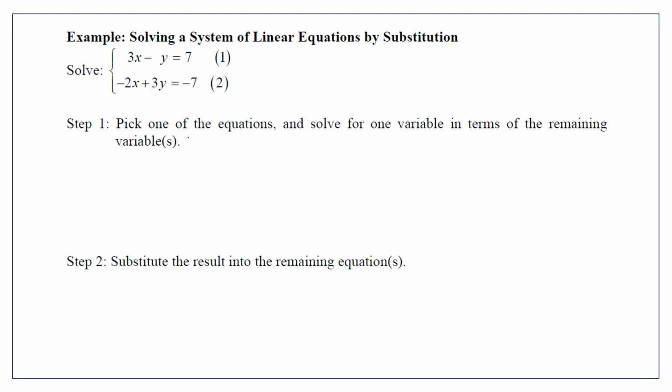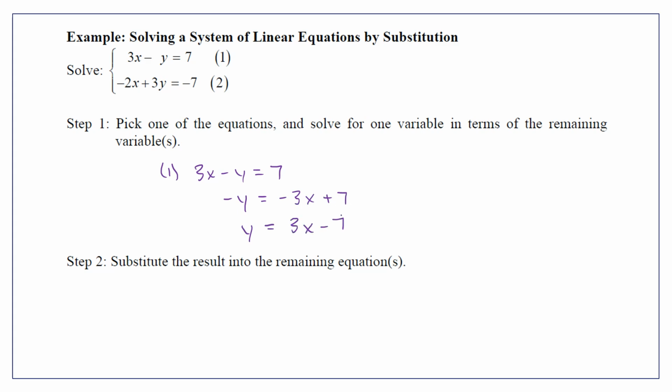So I am going to take equation number 1, 3x minus y equals 7, because our y variable has a coefficient that's negative 1. And I'm now going to solve for y, because I'm going to solve for one variable in terms of the other. So I'll have negative y equals negative 3x plus 7, and then y equals 3x minus 7.